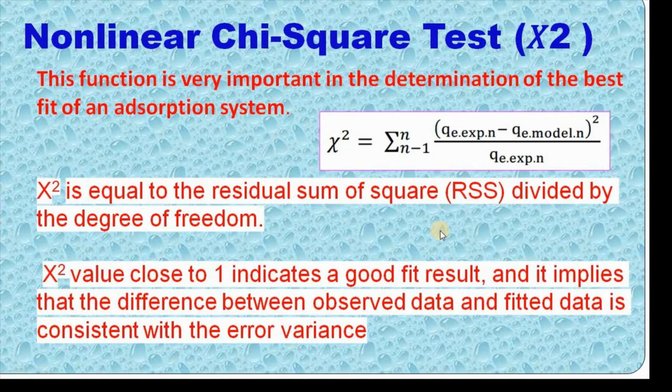Now, chi-square is equal to the residual sum of square divided by the degree of freedom. A value of chi-square close to 1 indicates that it is a good fit and implies that the difference between observed data and fitted data is consistent with the error variance.